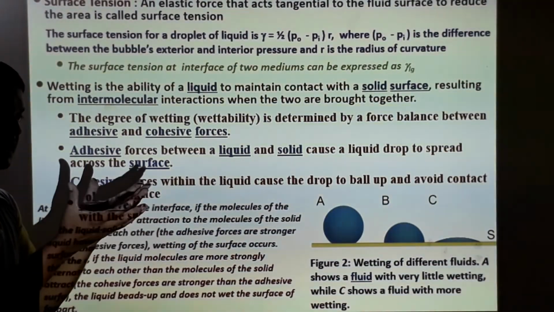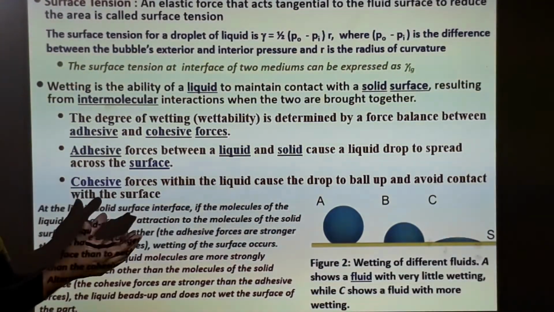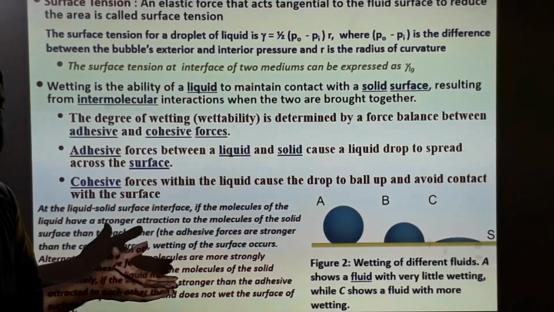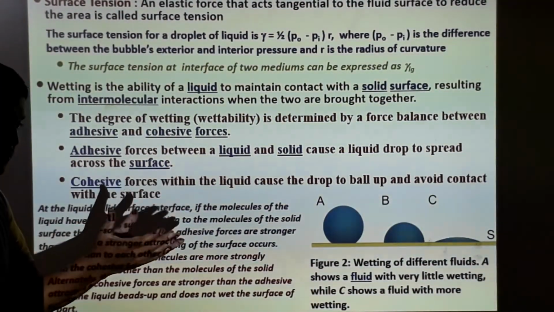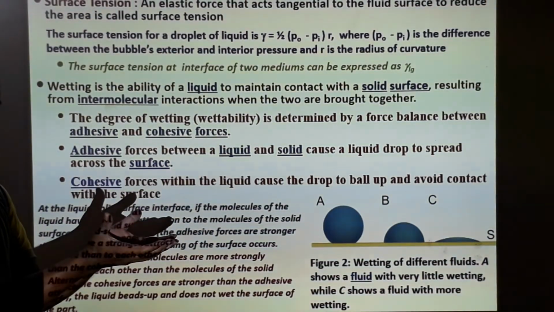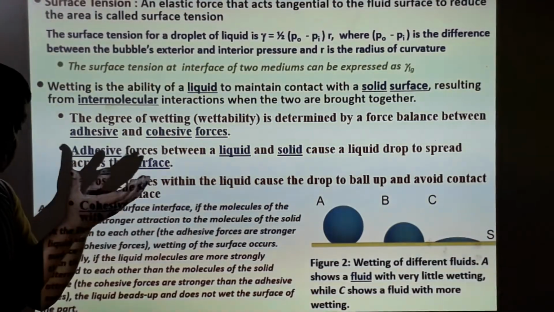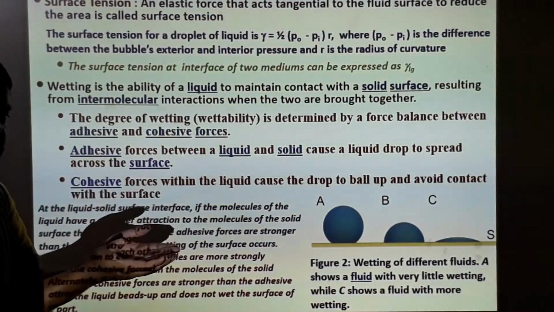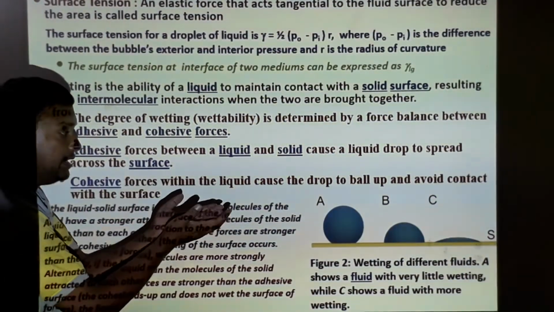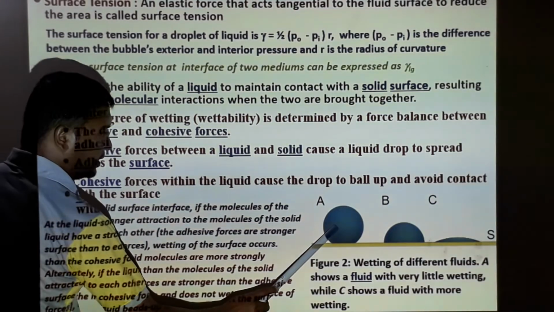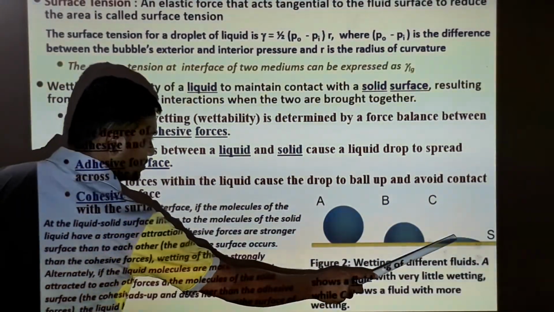If you want to understand it very clearly, the surface tension is the tension that remains on the surface. In the case of a balloon, it is due to the internal pressure of air. Similarly, that kind of action happens in the case of a liquid also. Now you see these 3 droplets, 1, 2, 3.